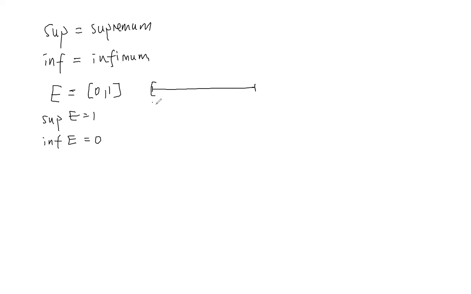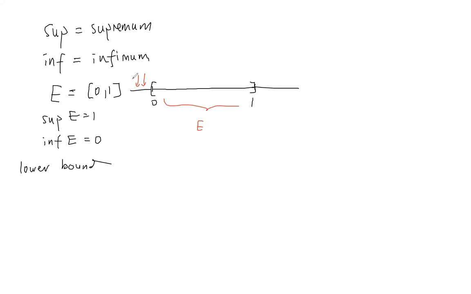So you have, let's say, 0 here, 1 here. This is an interval. Of course, this is talking about the lower bounds. You can find lower bounds for this set.